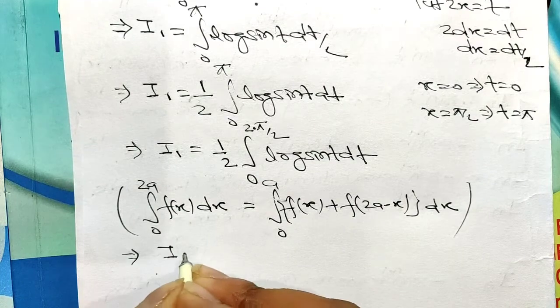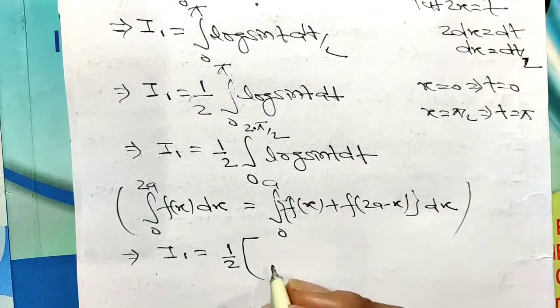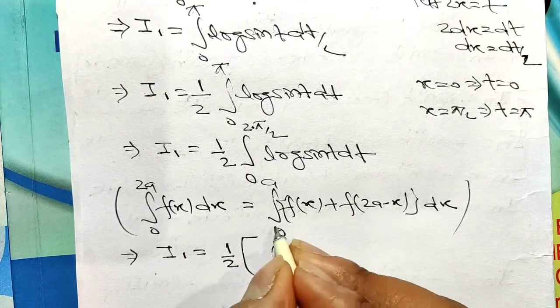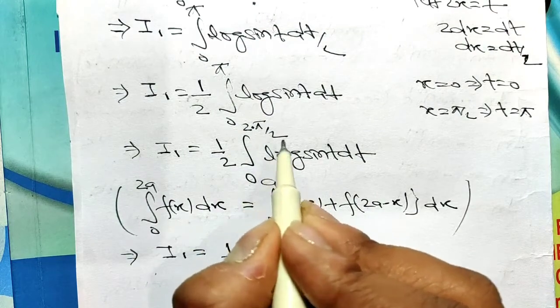I1 is equal to 1 upon 2 bracket, integration 0 to a. So here the upper limit is 2a, and a is pi by 2.